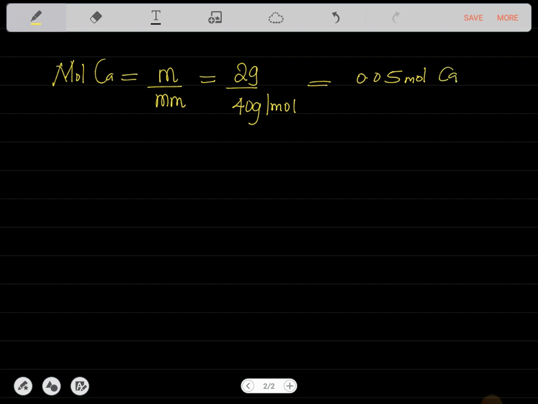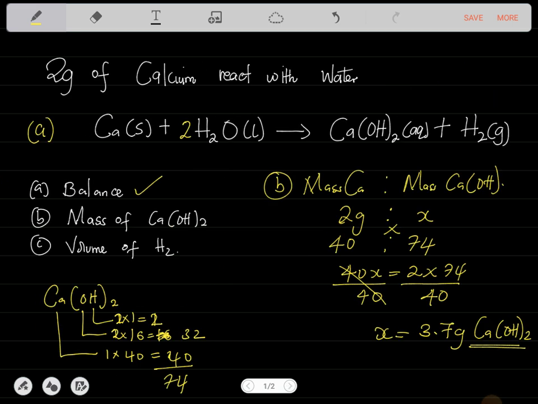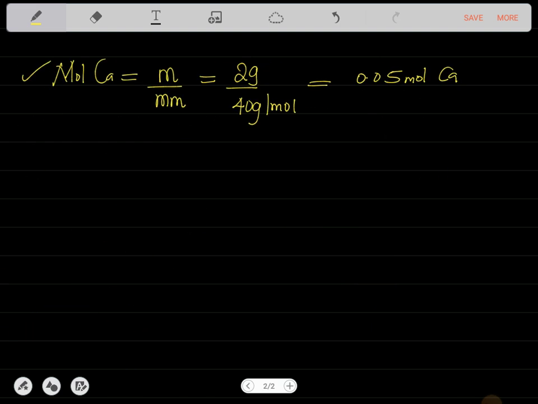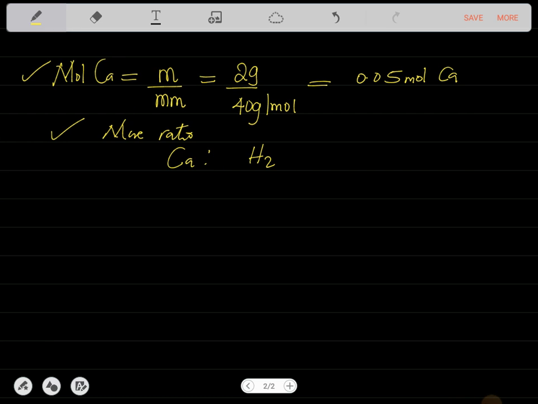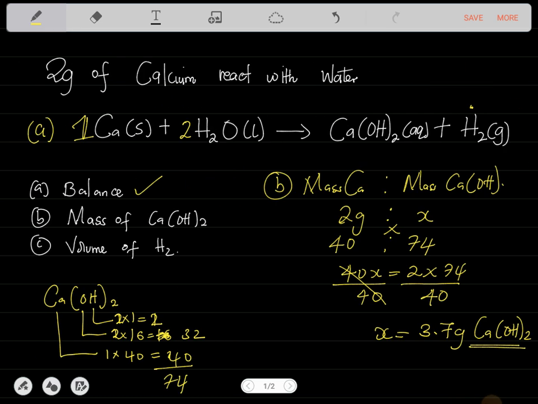But why is it important to do this? Well, it's very important so that we can also know the number of moles of hydrogen at play here. How? We are going to use mole ratio. So mole ratio says calcium number of moles to hydrogen number of moles. So how many moles of calcium are here? They're just 1. What about hydrogen? How many are here?